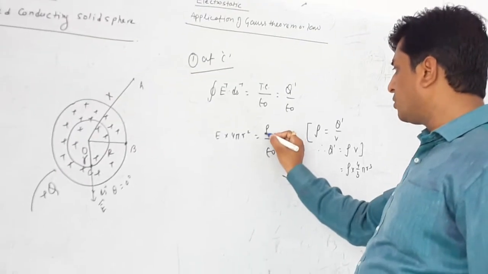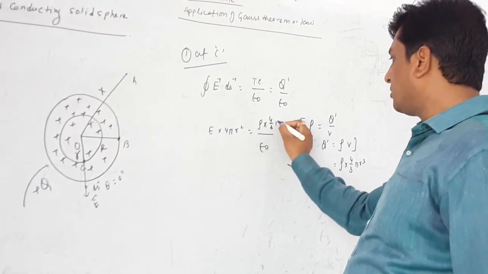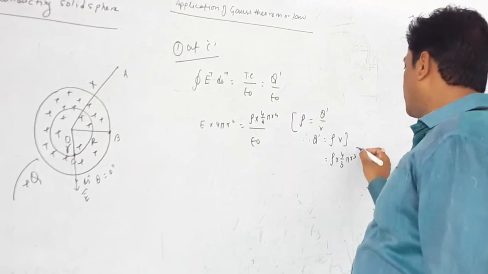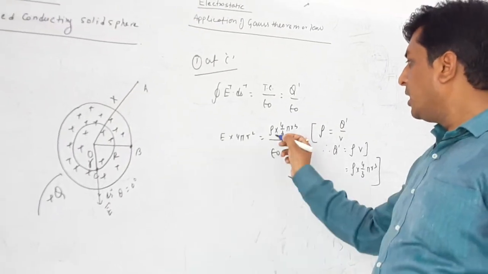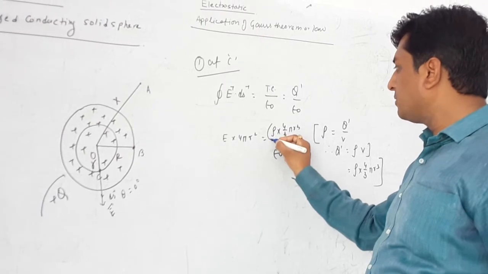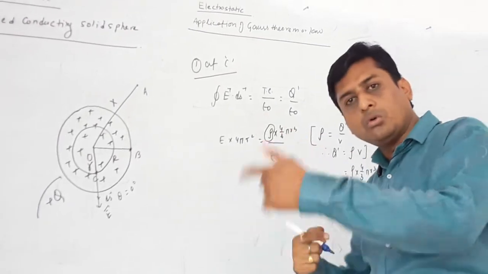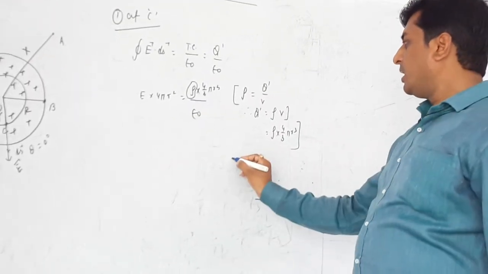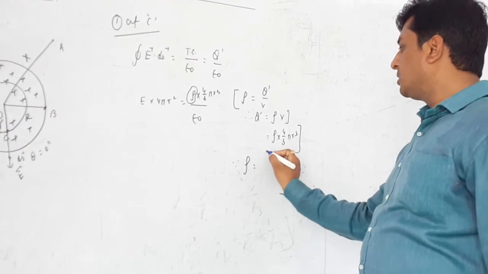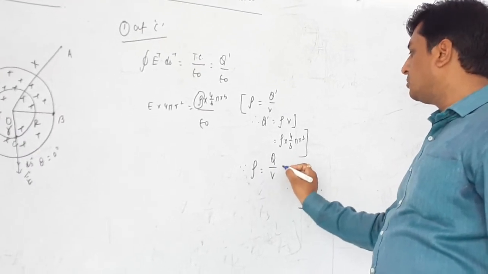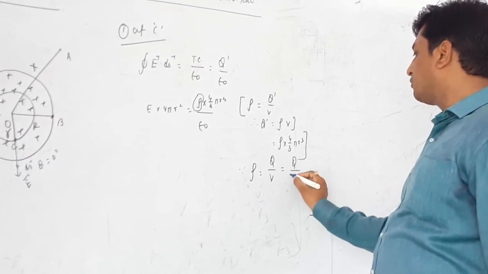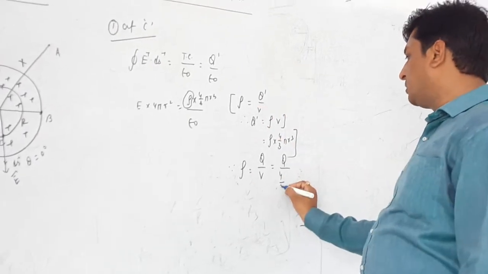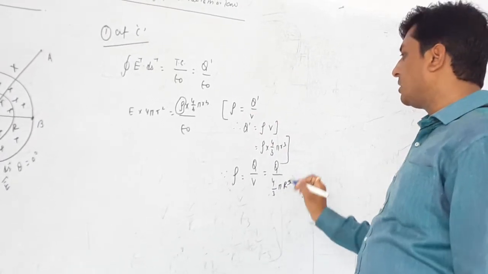So you can write rho into 4 upon 3 pi r cube. In this way you can write. Now the question is what is the value of this density for the whole sphere? Density is total charge upon volume, so q will be as it is, and the volume for the whole sphere will be 4 upon 3 pi capital R cube.